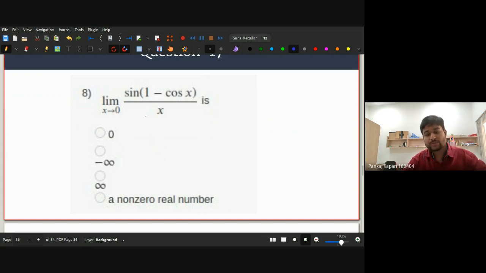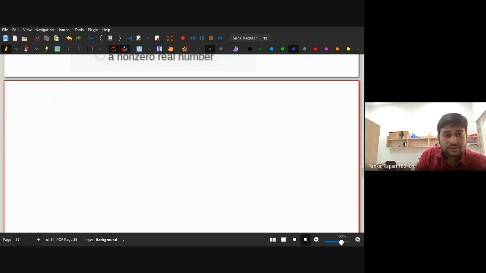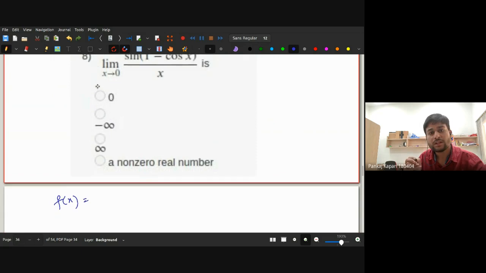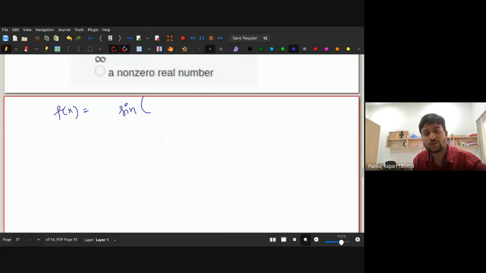Okay, so the next problem, you have to find this limit when x approaches 0. So what is our function? This is not sine x, this is sine of 1 minus cos x divided by x.